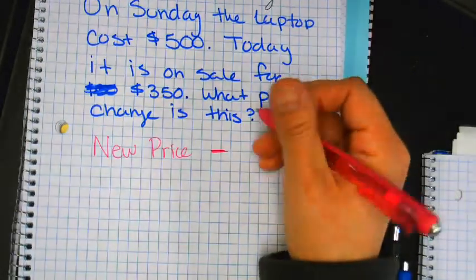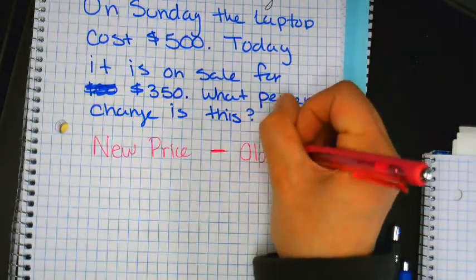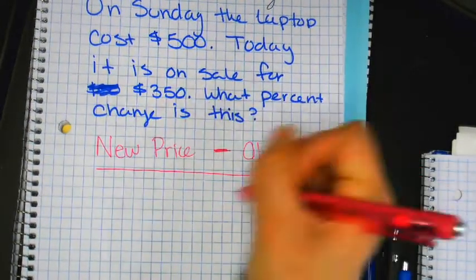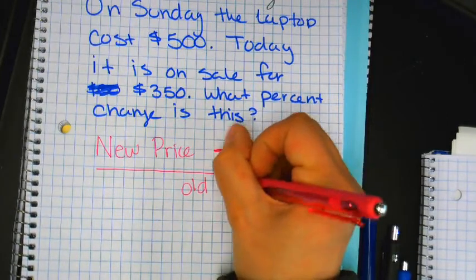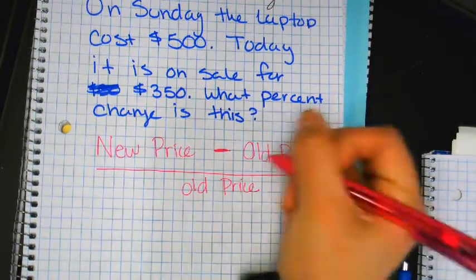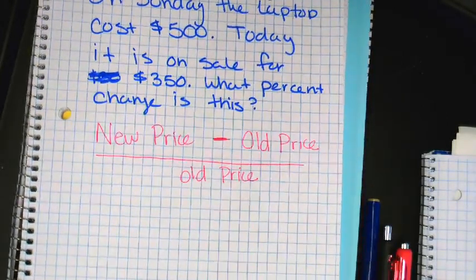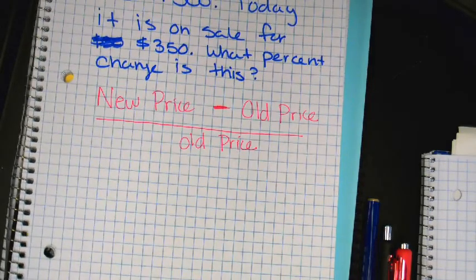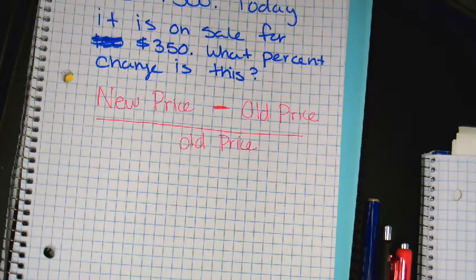New price minus old price divided by old price. So this is the formula you're going to use to figure out percent change. So every time I'm asking you for percent, you're going to be using the formula new price minus old price divided by old price. Okay?